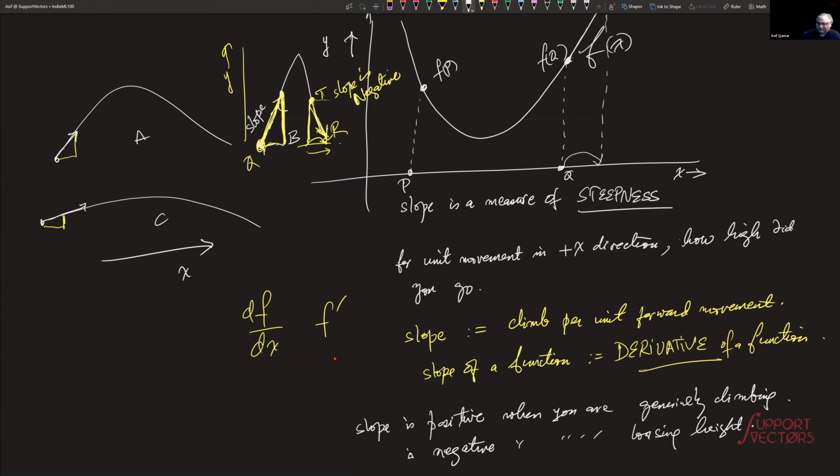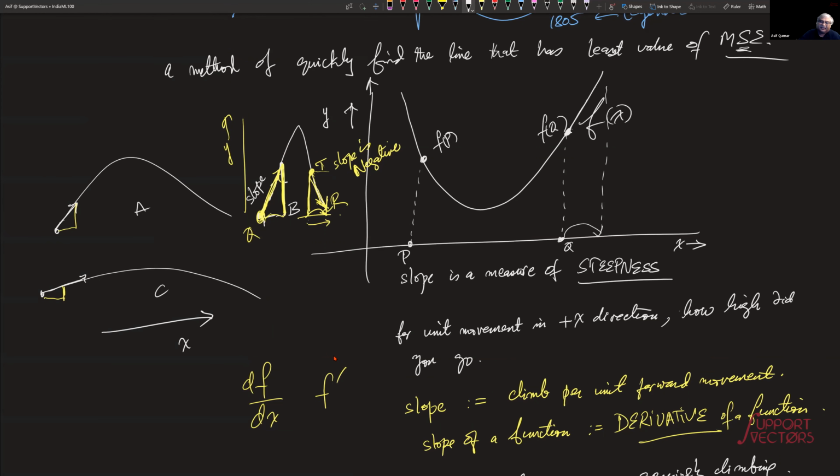Look at this. You would gain height, right? And so you would say that at Q, the slope is positive. In other words, the df dx is greater than 0.